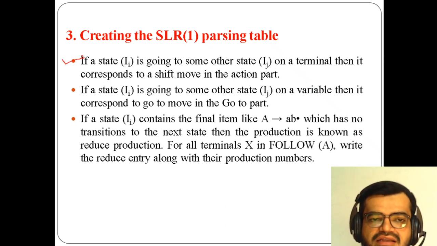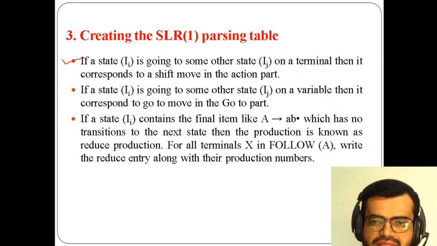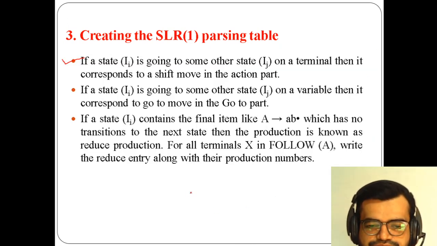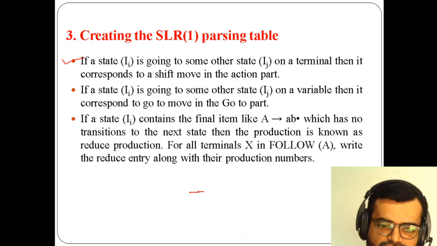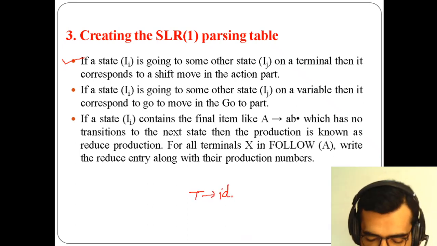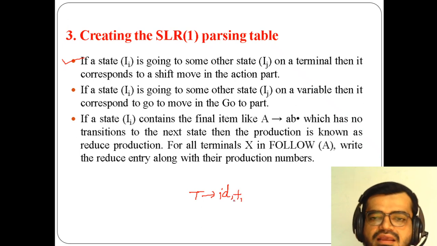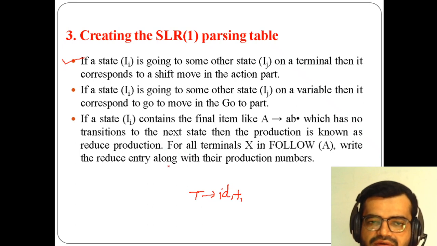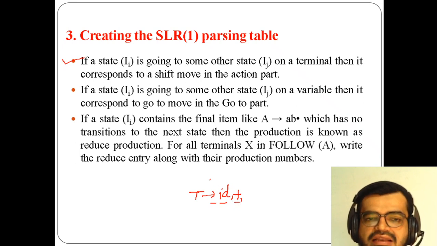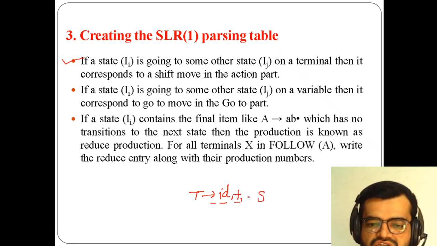The first step says that if a state Ii goes to another state Ij on a terminal, then which terminals are we using here? ID and plus. So when changing from one state to another on ID or plus, we perform the shift operation.